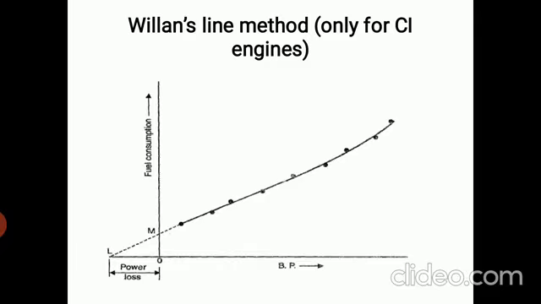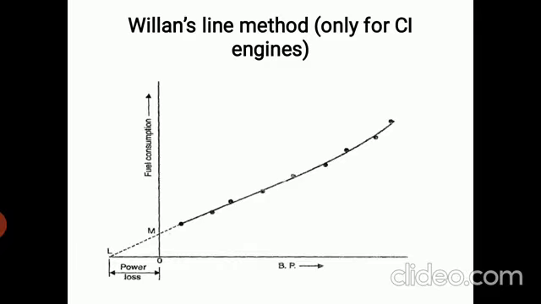Then we will plot the graph in the first quadrant, draw the curve, and extend the curve until it intersects the negative x-axis. The point at which the curve intersects the negative x-axis is the frictional power point.